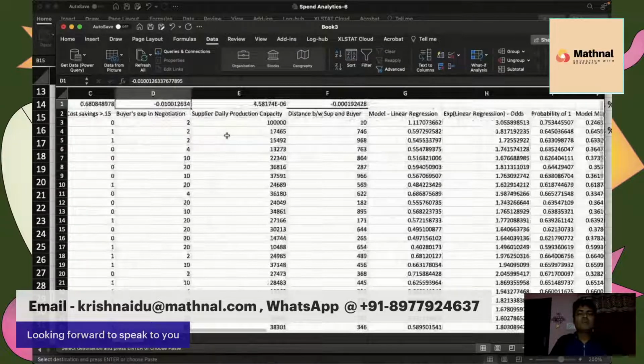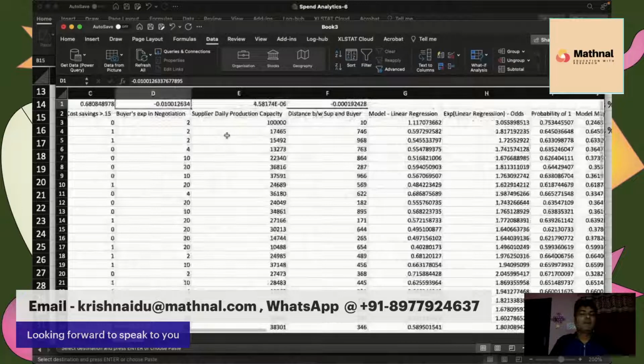In real time, we would not pick these variables for a spend analytics solution because they are not a strong statistical representation to come up with the right evidence to derive spend management or spend solutions for the company.